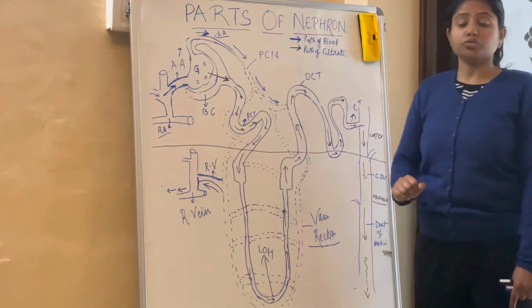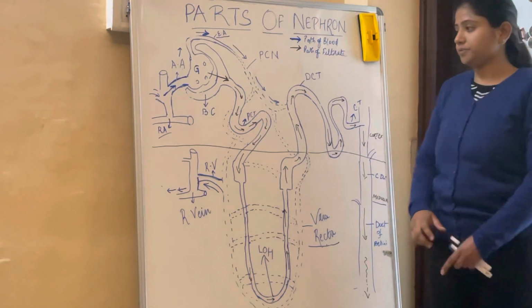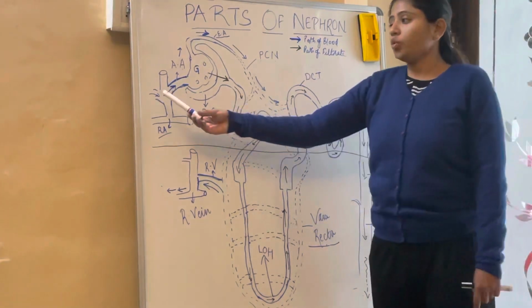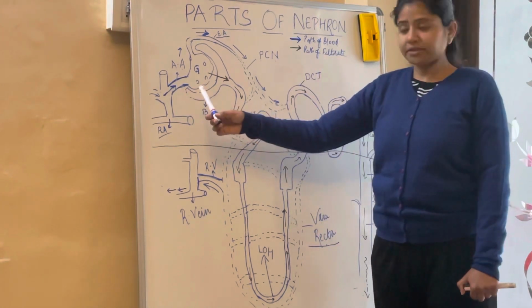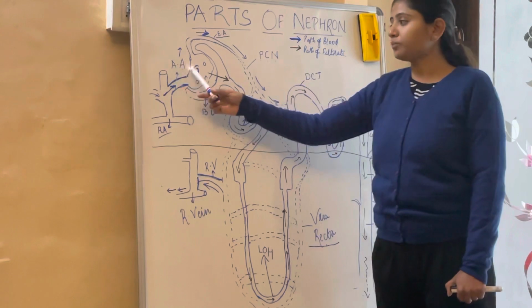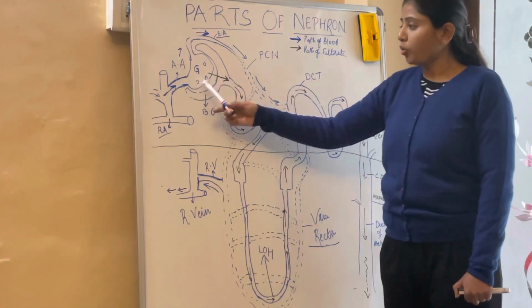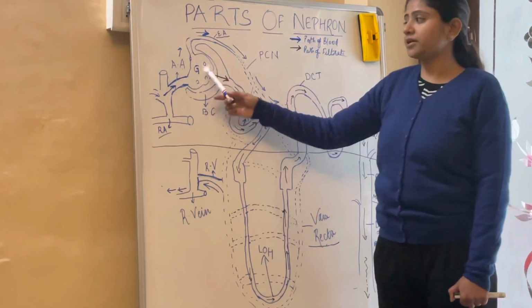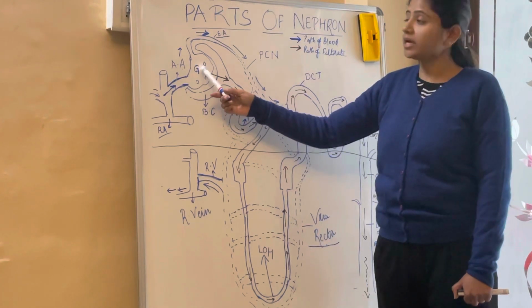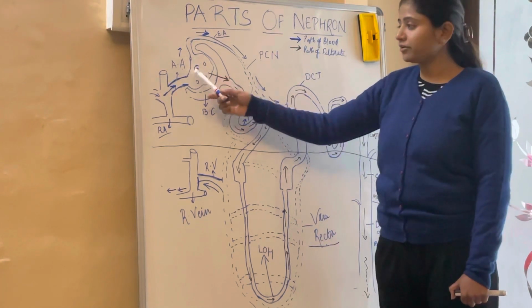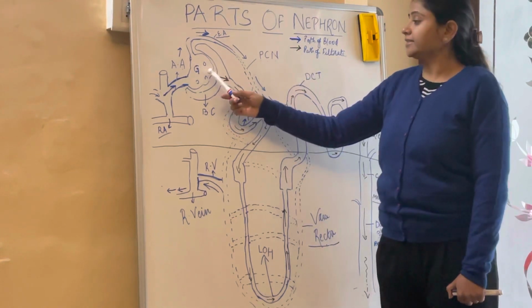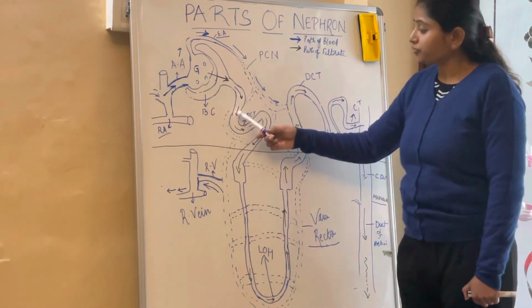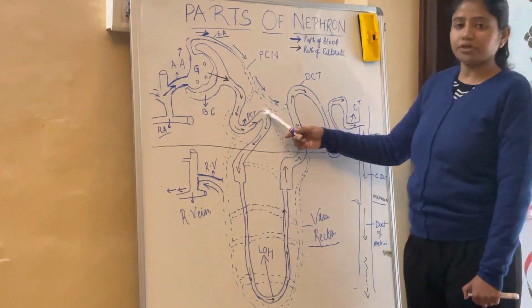Now, I will tell you the pathway of filtrate. Can you see? First of all, I will tell you the pathway of filtrate, right? So whatever metabolic wastes are coming, most of the filtration is taking place in the glomerulus. I repeat, in the glomerulus, glomerular filtration takes place and the filtrate is then transferred into the proximal convoluted tubule.